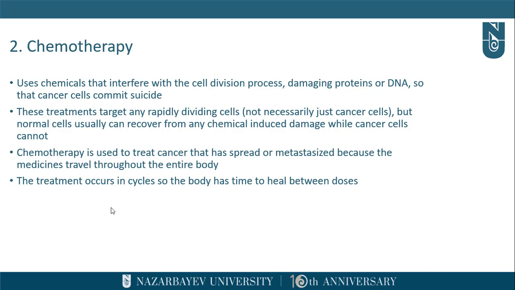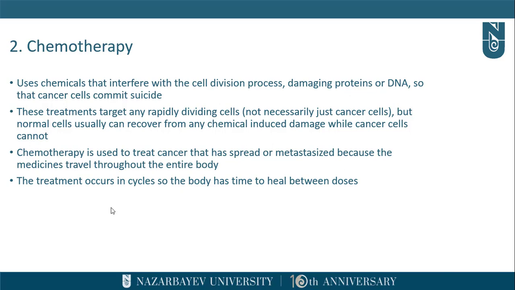The problem is that chemotherapy targets any dividing cells, be it healthy or non-healthy, so the damage caused from this treatment necessitates time so that the patient can recover from it, and then he or she can take it again after some time. So there is a kind of rest between the doses.